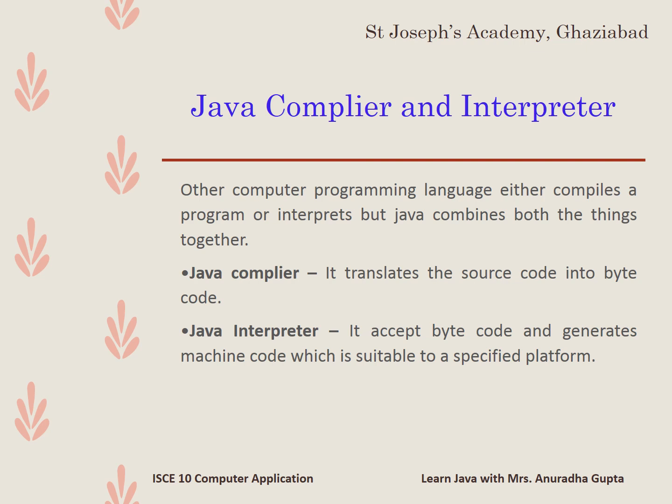What is the source code here? What we write as a Java program is known as source code. The Java compiler converts source code into bytecode, and then it needs a Java interpreter. The Java interpreter accepts bytecode and generates machine code which is suitable for a specified platform.